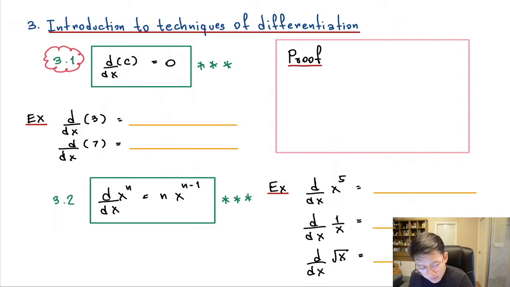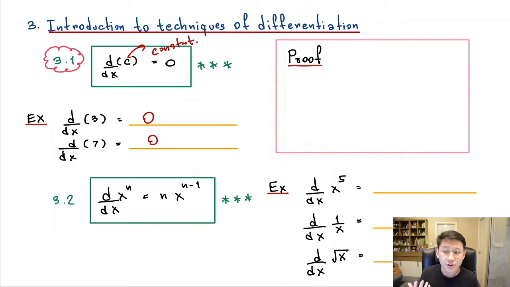So the c here is actually a constant. For example, the derivative of 3 is 0. The derivative of 7 is, of course, 0.